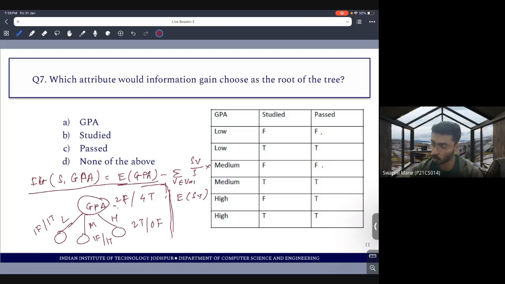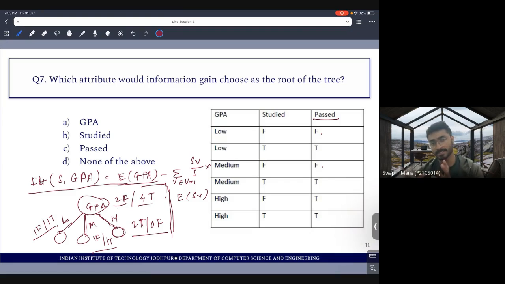There are two total false and four total true attributes. If GPA is only the low category, we get one F and one T. Considering only the M, we get one F and one T. If we consider high GPA, then we get 2T and 0F.